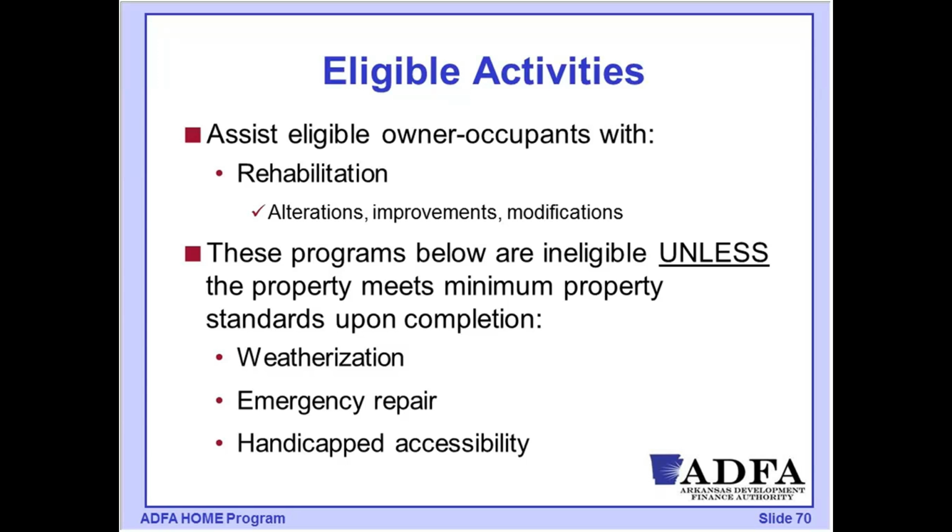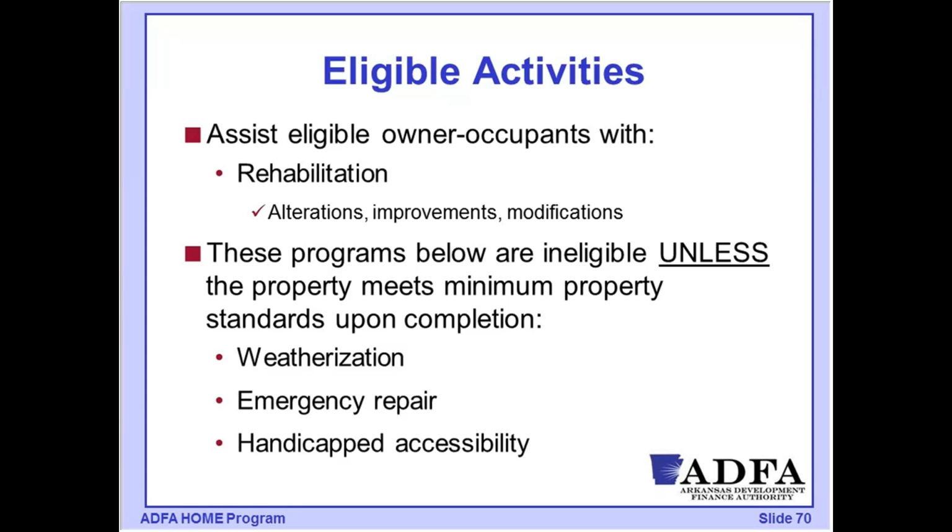Some of you may have worked with other programs such as Community Development Block Grant, CDBG, or other funding sources that would allow you to do targeted repairs. So you might have been able to go in and just fix a roof that was leaking or replace a heating system without inspecting all of the unit and being able to bring that up to standards. Under the HOME program, any property that we touch, we will have to bring the entire property up to our property standards.